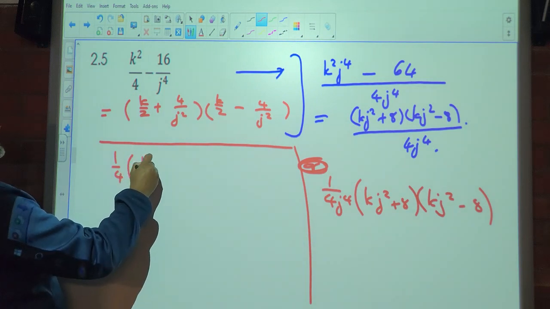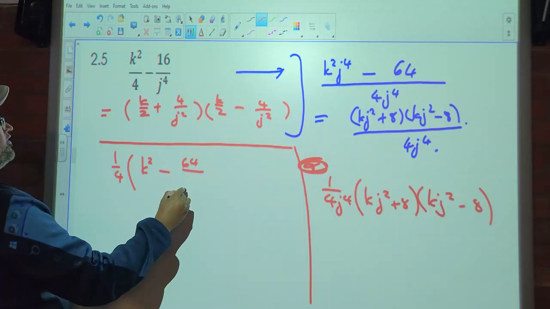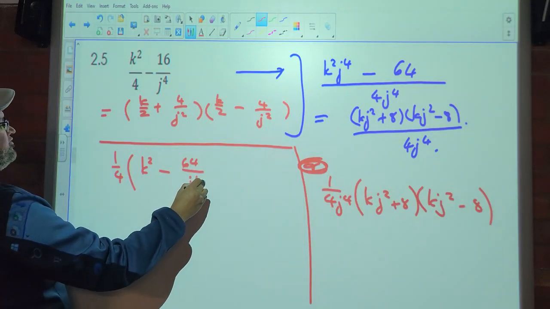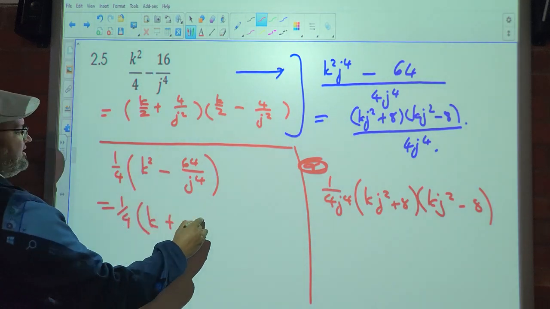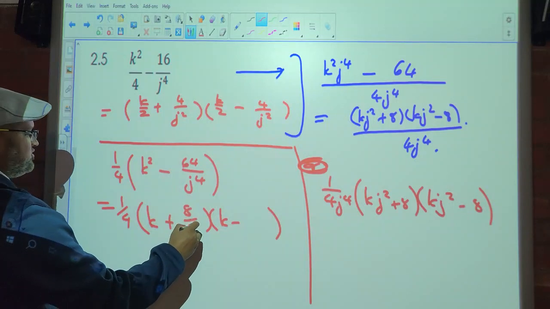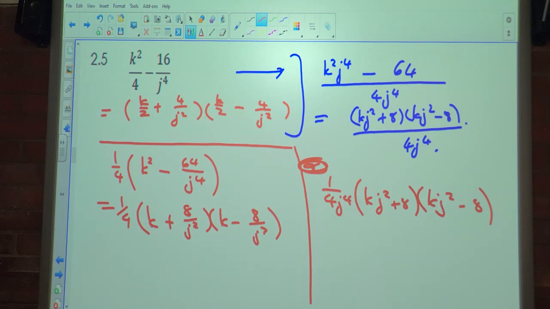Then I'm left with k squared minus 64 over j to the 4, which then could give you a quarter, k plus 8, k minus 8 over j squared. All of that is accepted.